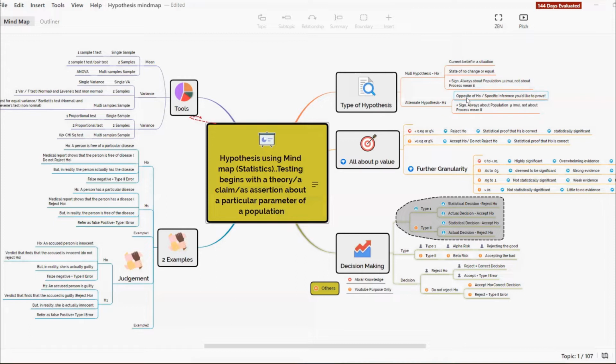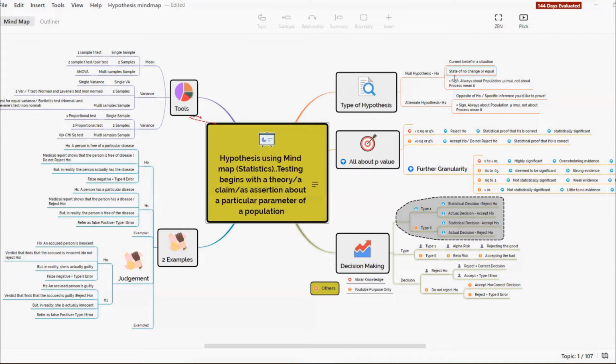For example, say cycle time has improved, and you want to prove whether the cycle time has been reduced significantly or not, right? Whether the accuracy has been improved, whether the on-time delivery has been improved, whether the first pass yield has been improved. All of that you can test, right? And the alternate hypothesis is nothing but the opposite of the null hypothesis.